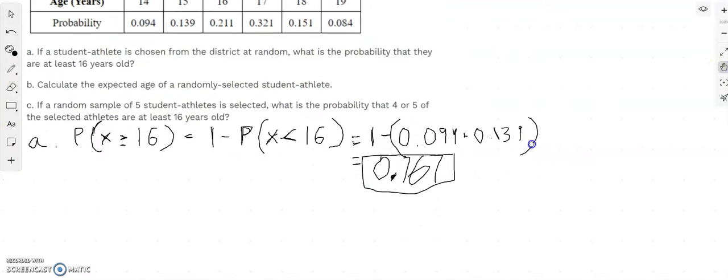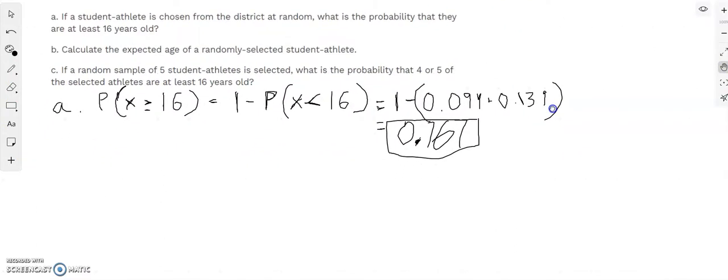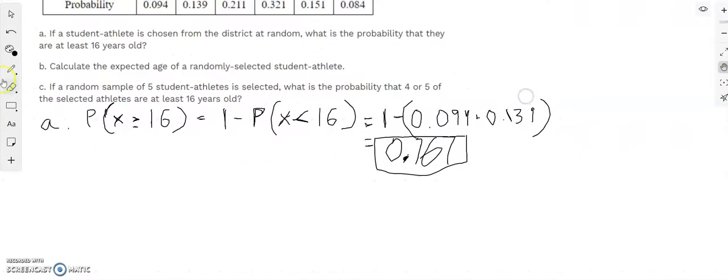Part B asks us to calculate the expected age of a randomly selected student athlete. So let's go ahead and do that, part B. For the expected age, make sure you write our formula first.